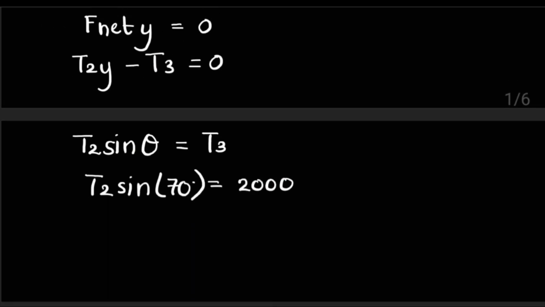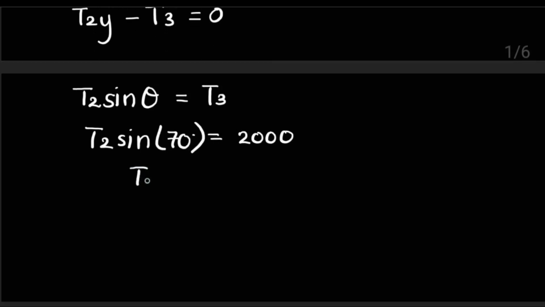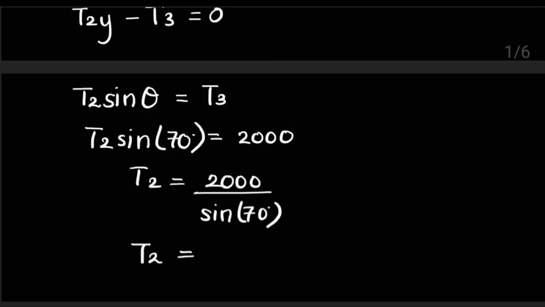Now it's positive on the right hand side. To get T2 alone, we are going to divide both sides by sine 70. Let's calculate. So I get T2 as 2128.36 newtons.